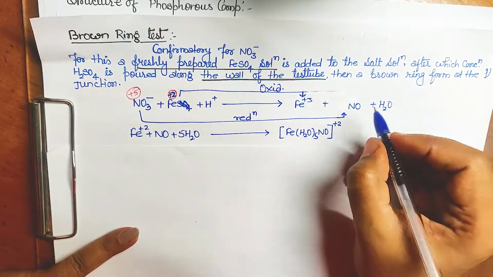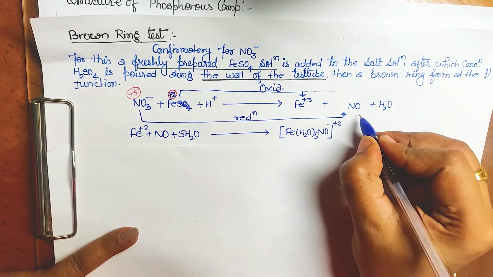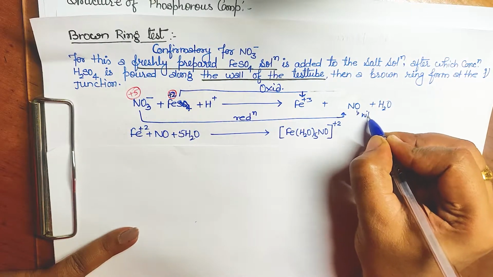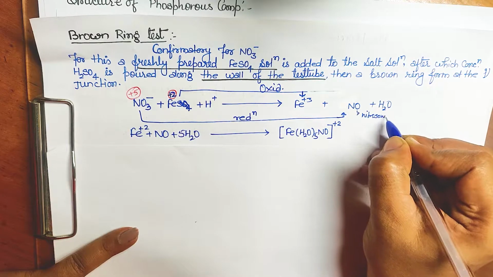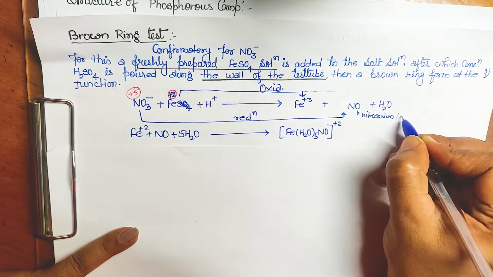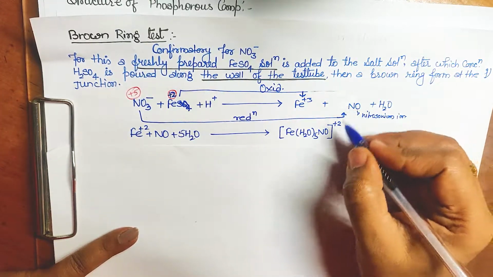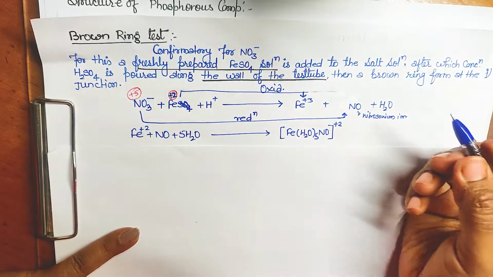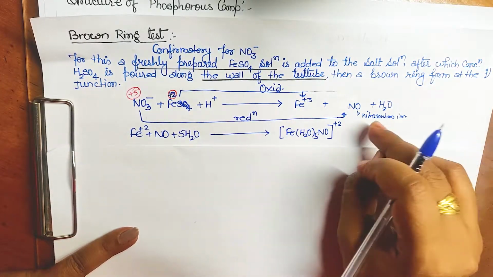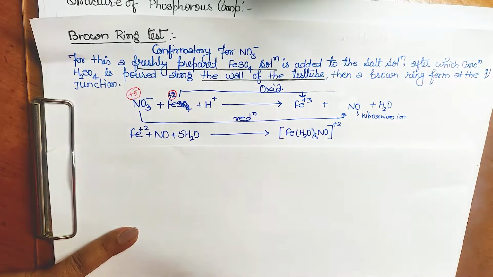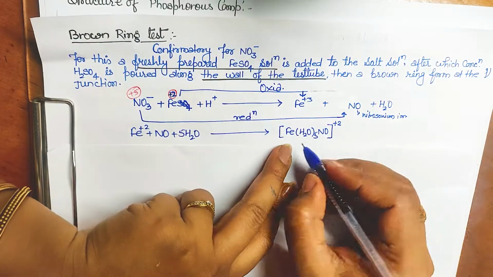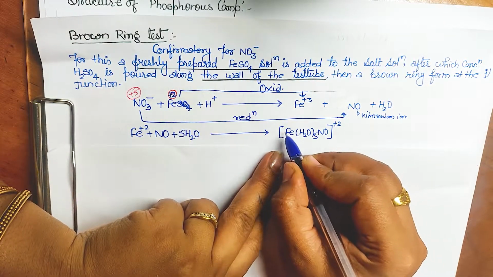So we are supposed to mention the positive charge, because as I told you, in some books it is quite contradictory: they say it as a nitrosyl ion, like a neutral ion, but it is not neutral, it is +1.